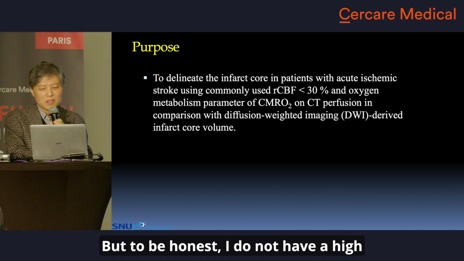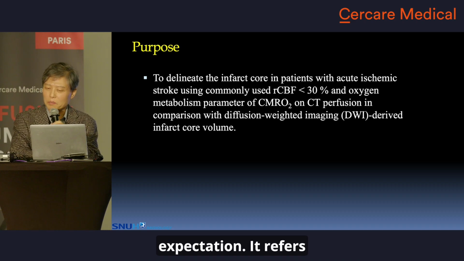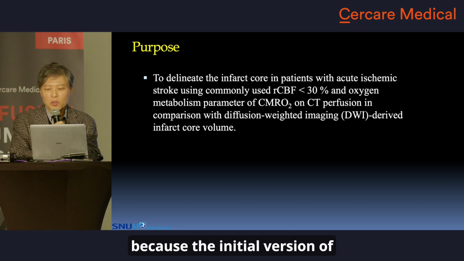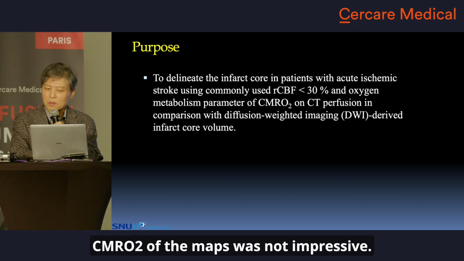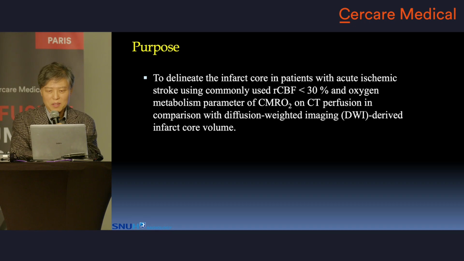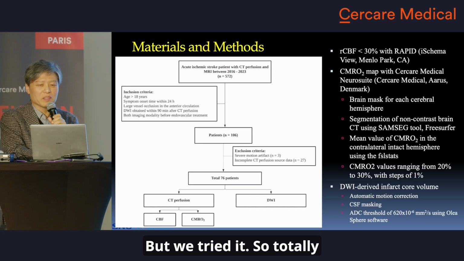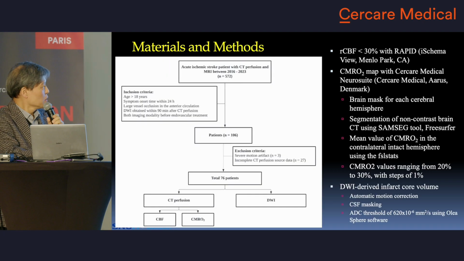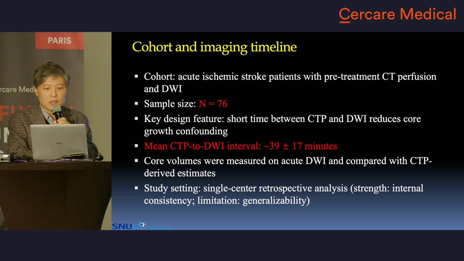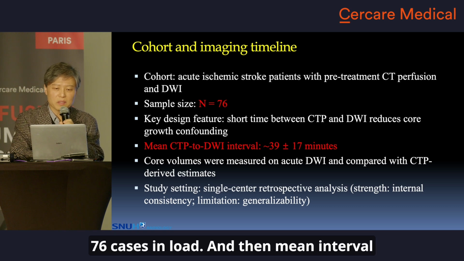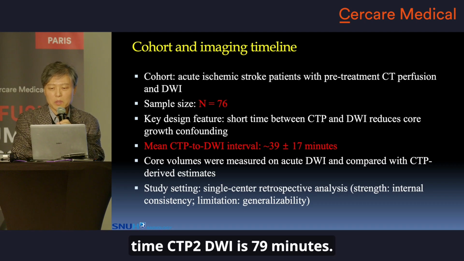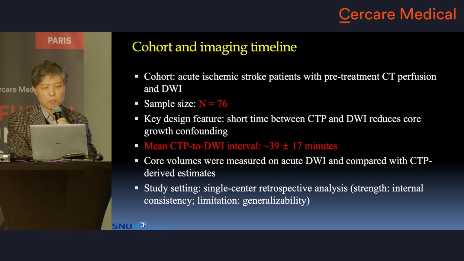But to be honest, I did not have a high expectation at first because the initial version of the CMRO₂ maps was not impressive. But we tried. Totally 76 cases were enrolled, and the mean interval time from CTP to DWI was 79 minutes.